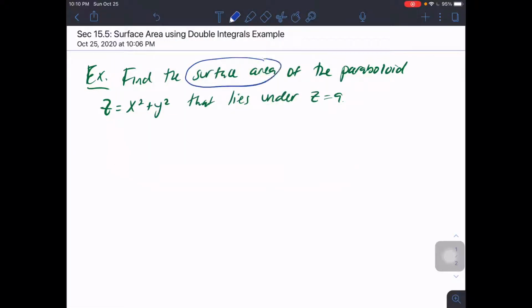Since they're asking you for surface area, remember that we're going to be asked to compute this double integral of a particular function where you get the partials and you square them, plus 1 dA, okay?